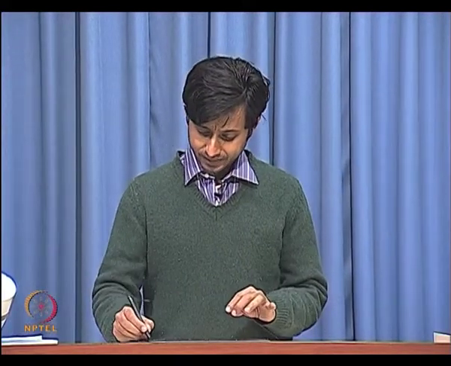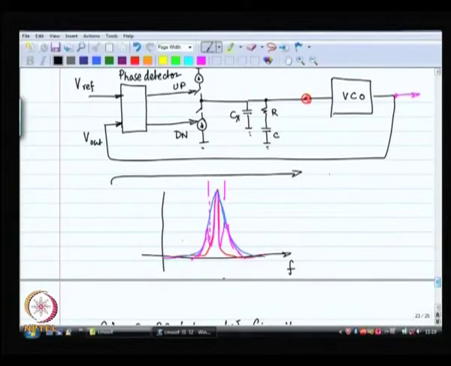So, instead we have this combination of a capacitor and a resistor-capacitor series, and this particular impedance will have a pole at DC. It will also have a 0 and another pole. That is basically the idea, and this voltage is used to control the VCO, the voltage controlled oscillator.